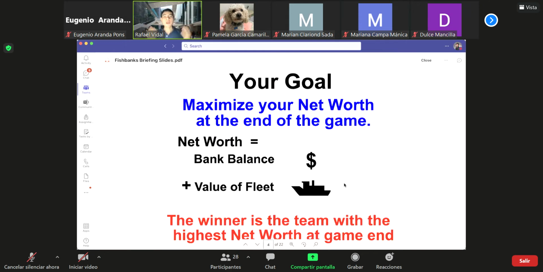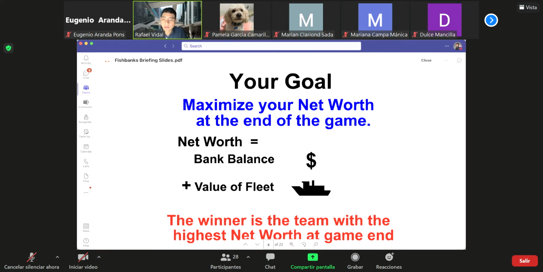So here you have, what are the two possible ways to maximize your net worth or your assets? Having a high bank balance, and also having a high value fleet.